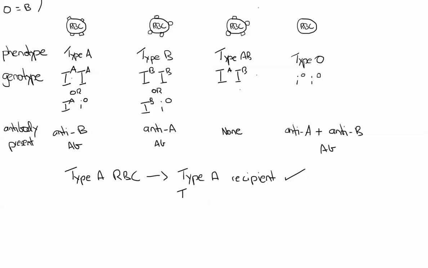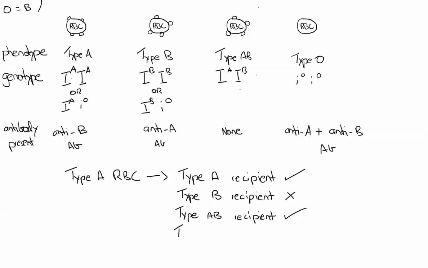If we give it to a type B recipient, as you can see above, the type B recipient is going to have anti-A antibodies, so that's not going to work. If we put it into a type AB recipient, again, as you can see above, the AB recipient does not have any antibodies, and that means it will work.